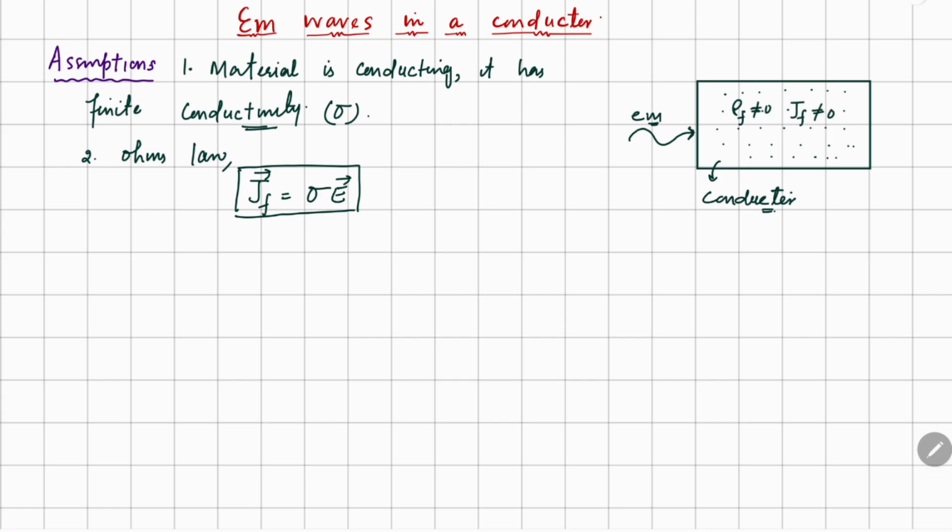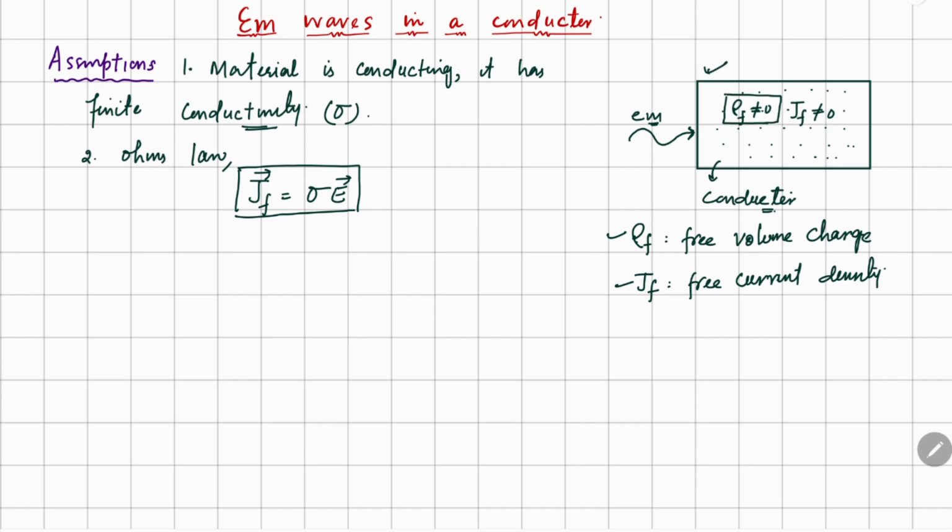Neither rho_f, which is the free volume charge density, is equal to 0, nor J_f, which is the free current density. But when we send the electromagnetic wave into the material, then this J_f becomes 0. That would be the second case.